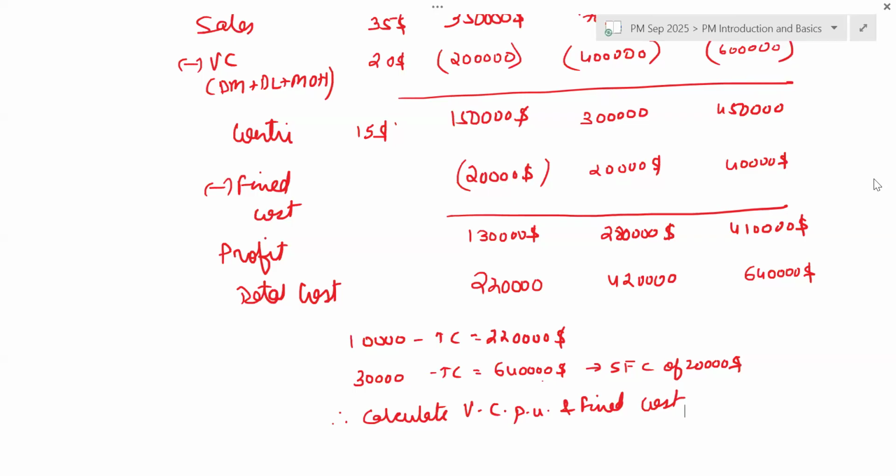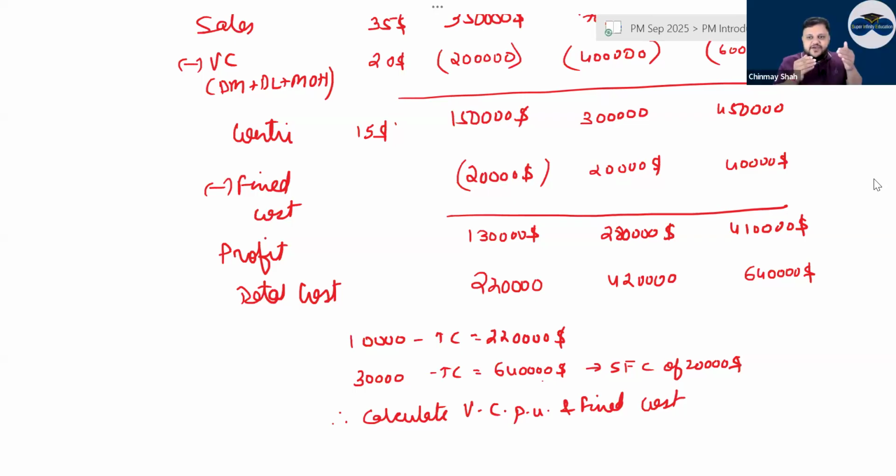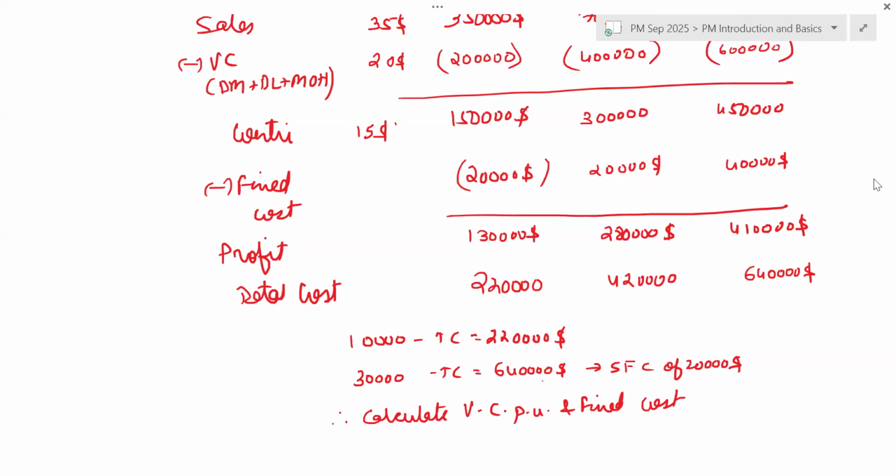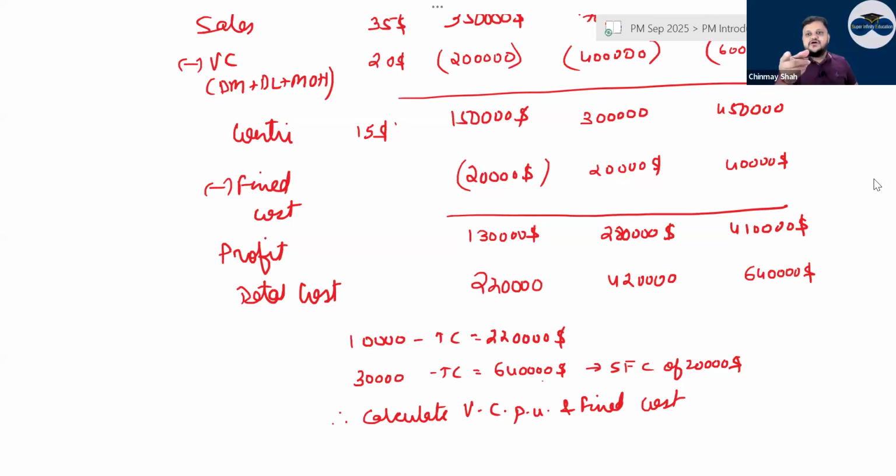Yes, sir. Right? So then 10,000 will you compare with 640 or 220 will you compare with 640 or 220 will you compare with 620? Tell me. 220, 620. Then 400,000 by 20,000. How much will be your variable cost? Tell me.